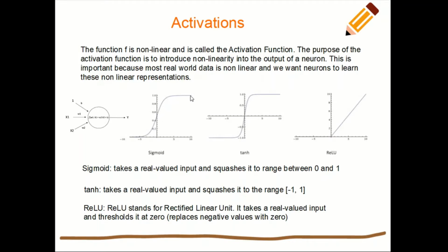It saturates to 1 in this direction and to 0 in this direction. Tanh, instead of saturating to 0, is going to saturate to -1. So it acts between -1 and 1 as we change the input. And there are certain issues with sigmoid and tanh, and we will talk about it slightly later.